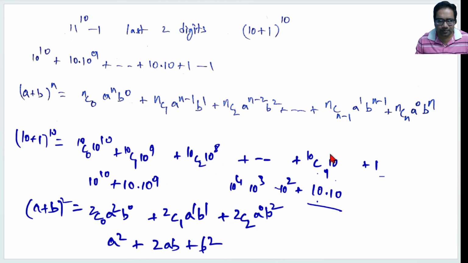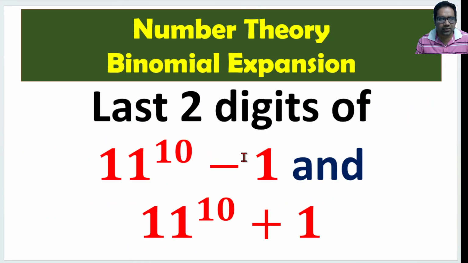The last but one also has at least two zeros, and this one extra we are removing. So this number will always end in two zeros. We don't know about the others, but definitely the last two digits are zeros.